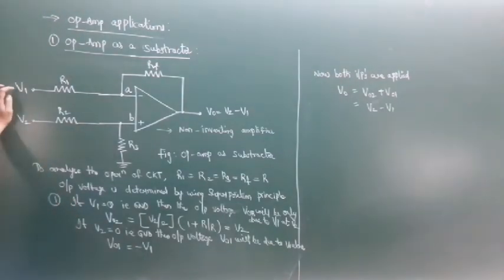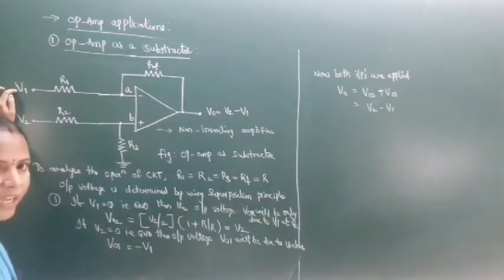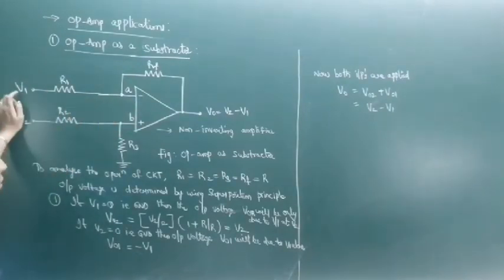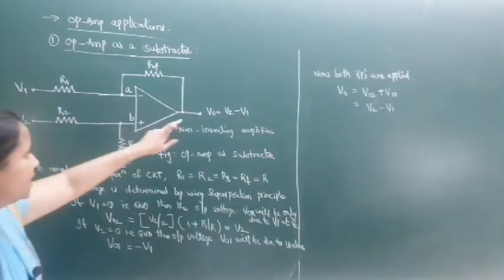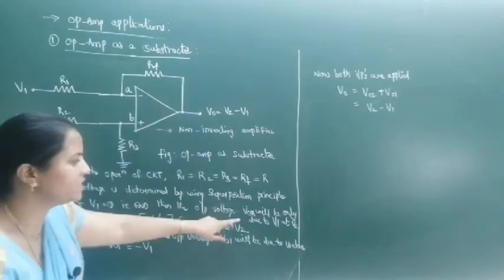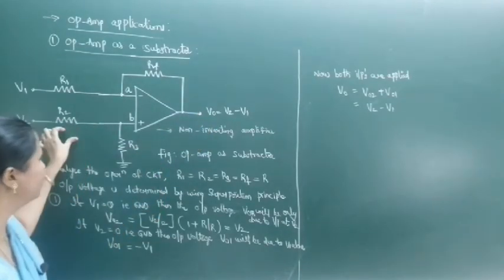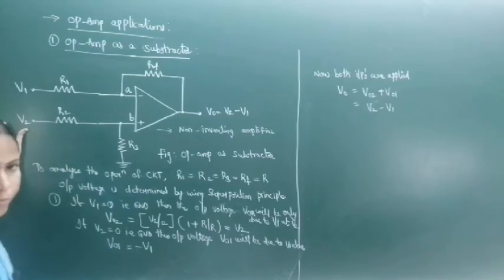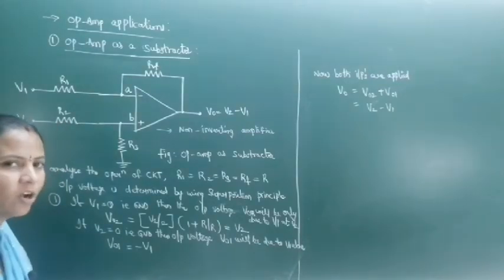If V1 equal to 0, we are not giving any inverting input, that is, we are connecting V1 to ground. Then the output voltage V02 will be only due to the input voltage V2. What is the concept?